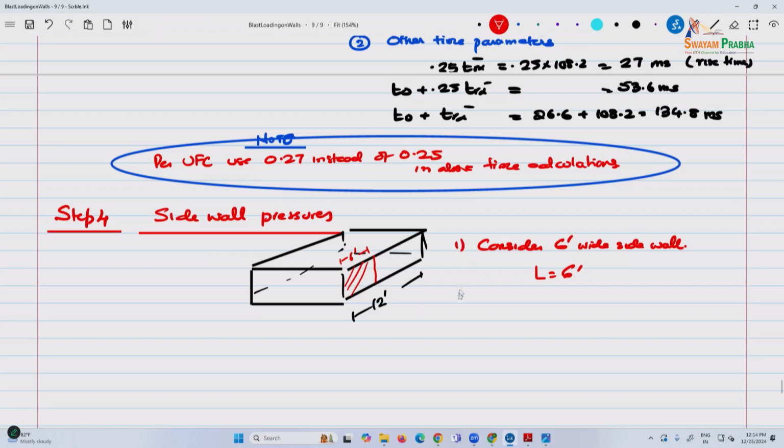Second thing is the blast wave arrives at the same time as the front wall.